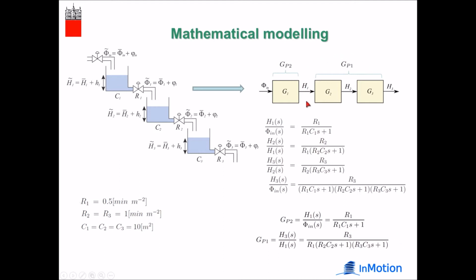This transfer function, GP1, is the ratio between h3 and h1, and it is of course the second order function, and another function GP2 is the ratio between h1 and phi in.